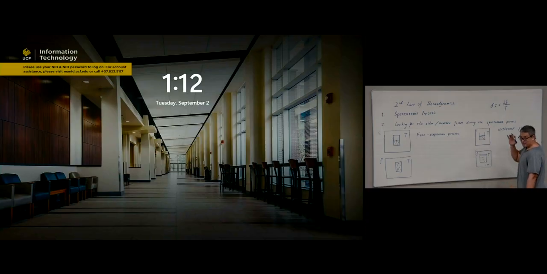Right now, the difference is that we consider the reservoir and the tank as a whole system. Previously, when we did the calculation, we did not calculate the change of the reservoir. We did not consider the reservoir, right? But right now, let's take the reservoir into account as well.